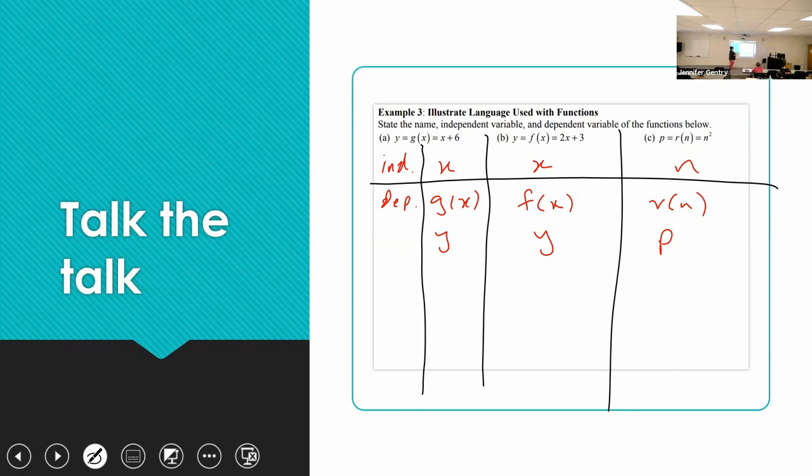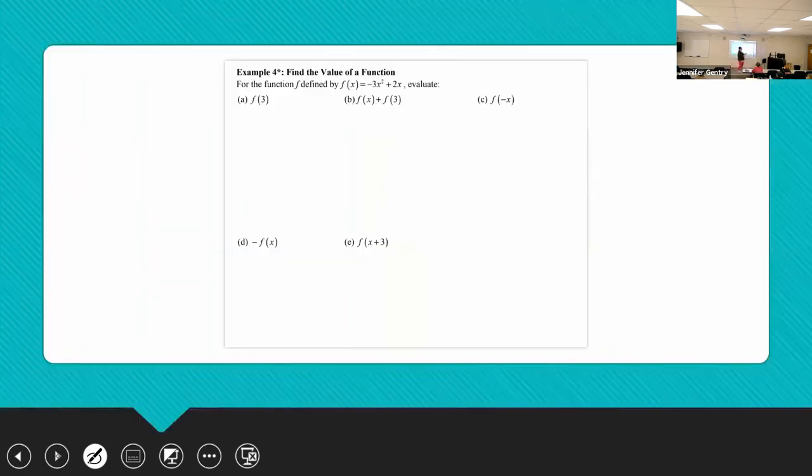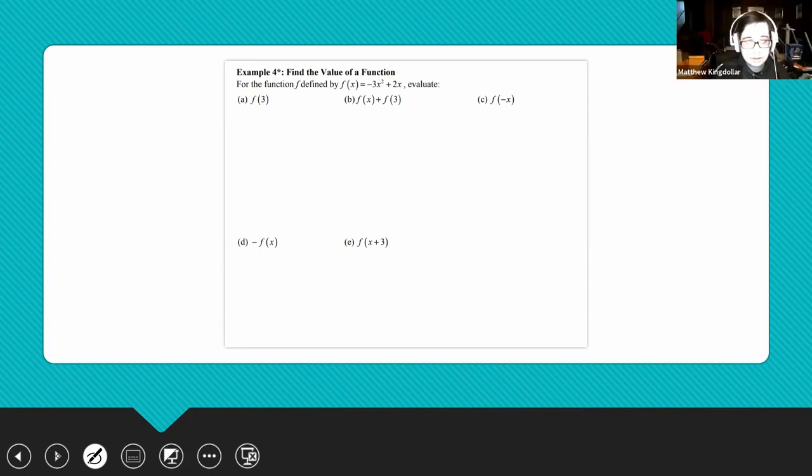Okay, example 4. Top of the second page. I have a function defined, minus 3x squared plus 2x. What is f of 3? How do I figure that out? Equals, what do I put? Minus 3 times 3 squared.